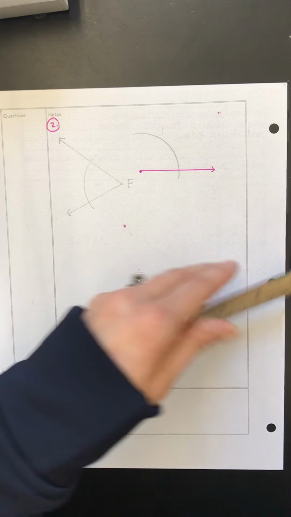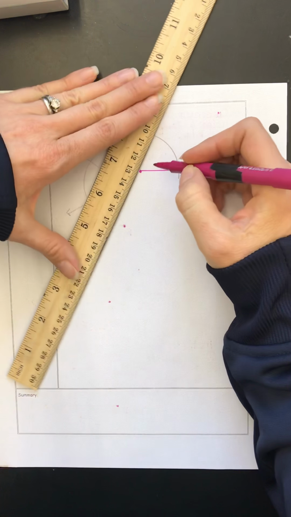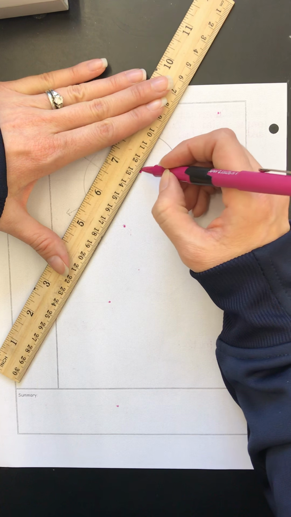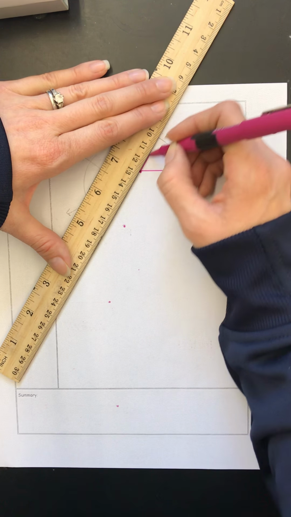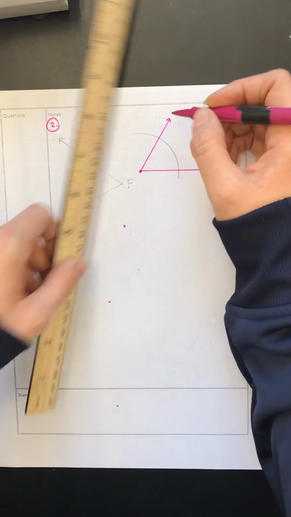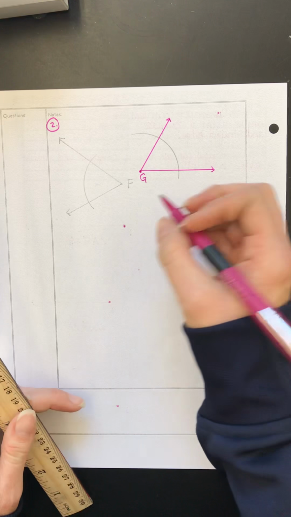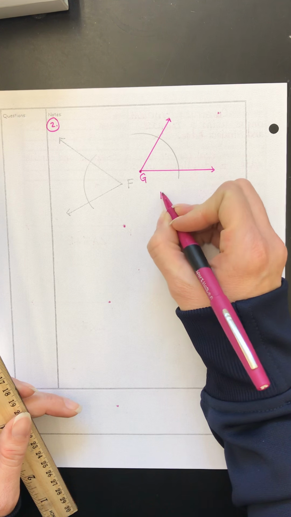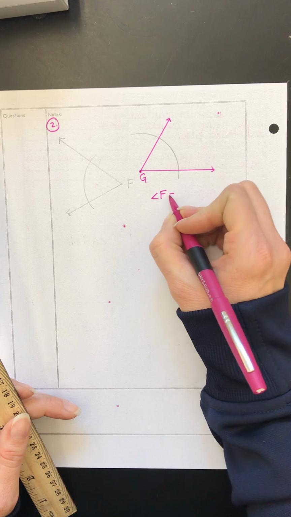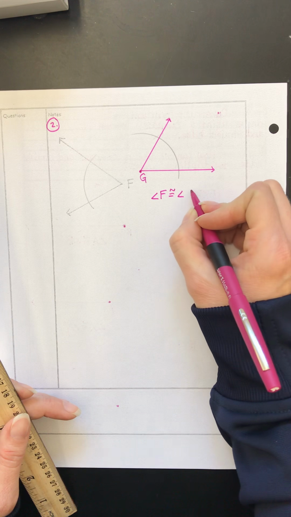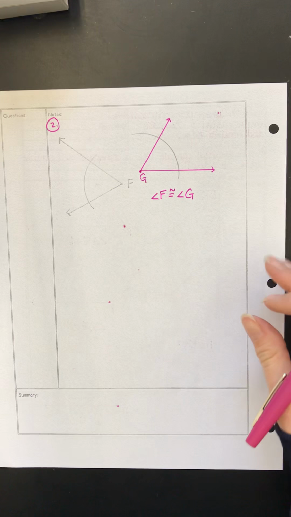X marks the spot, and we're going to connect the end point with where these 2 arcs cross. We're going to give this a name. I'll call it G. So we can write a congruent statement now. Angle F is congruent to angle G.